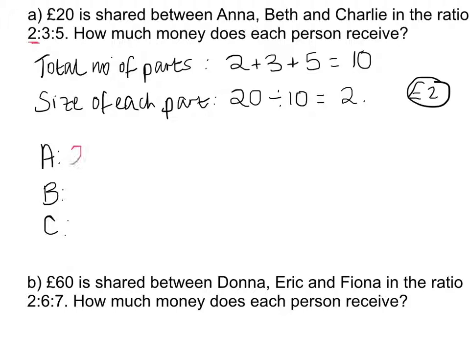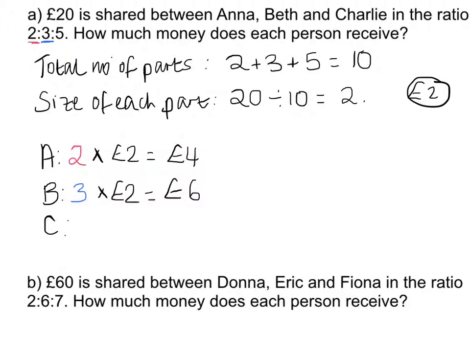So she gets 2 parts, and each of those parts is worth £2. So altogether, Anna gets £4. Beth then, she gets 3 parts, and again each of those parts is worth £2. So in total, she gets £6.